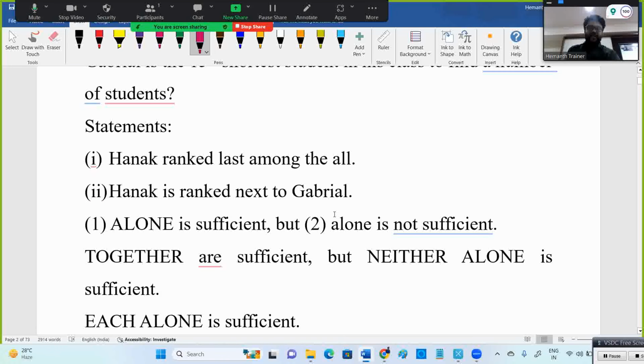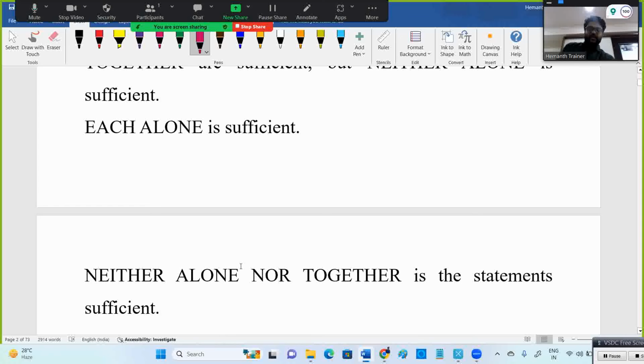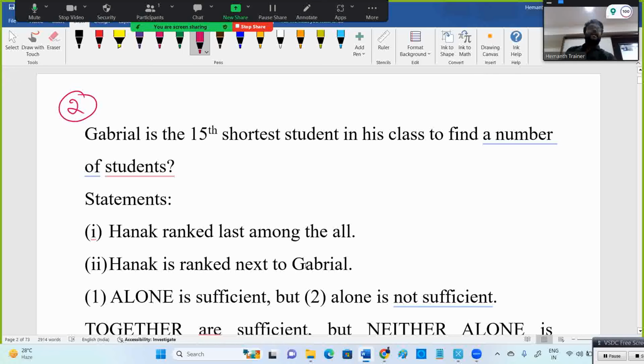1 alone is sufficient, 2 alone is not sufficient, together sufficient, each alone is sufficient, neither one alone nor together is sufficient. In data sufficiency, your basic thought is first you have to try statement 1 alone, statement 2 alone.